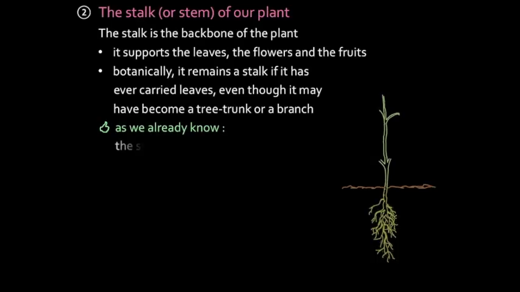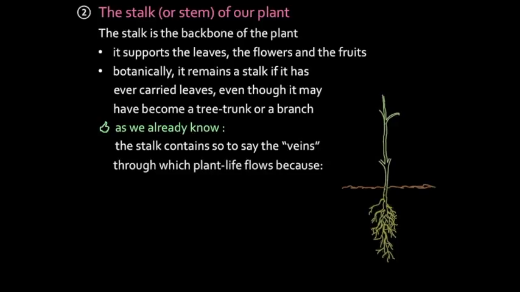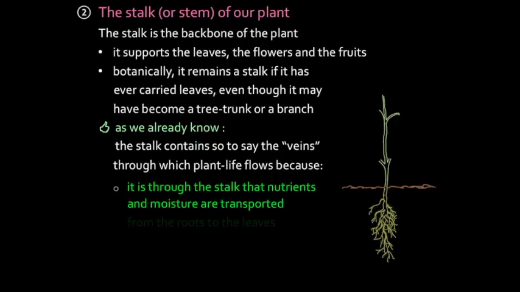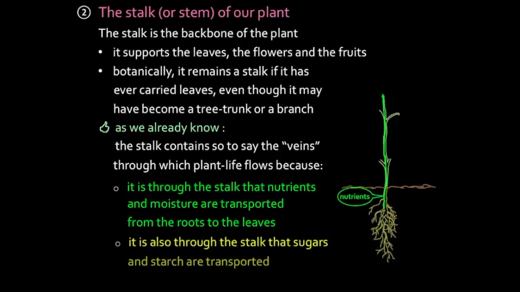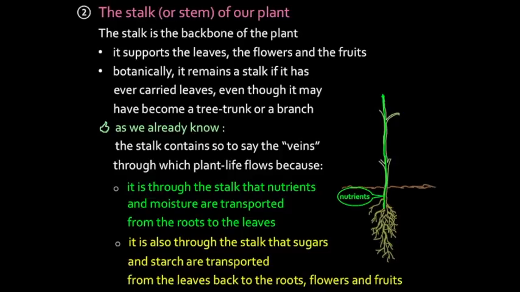As we already know, the stalk contains, so to say, the veins through which plant life flows, because it is through the stalk that nutrients and moisture are transported from the roots to the leaves. And it is also through the stalk that sugars and starch are transported from the leaves back to the roots, flowers, and fruits.